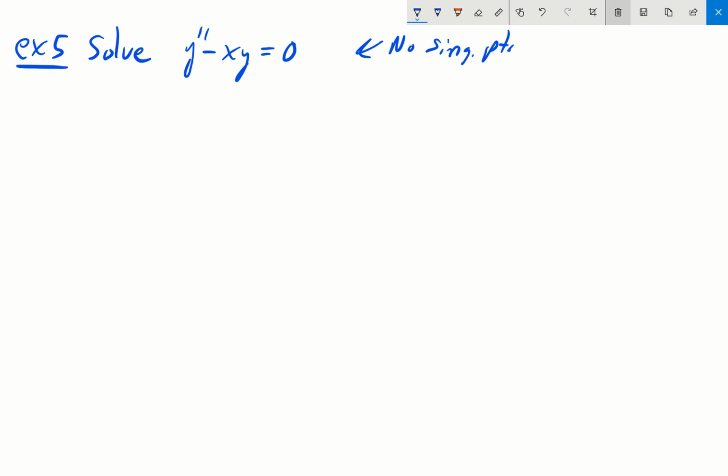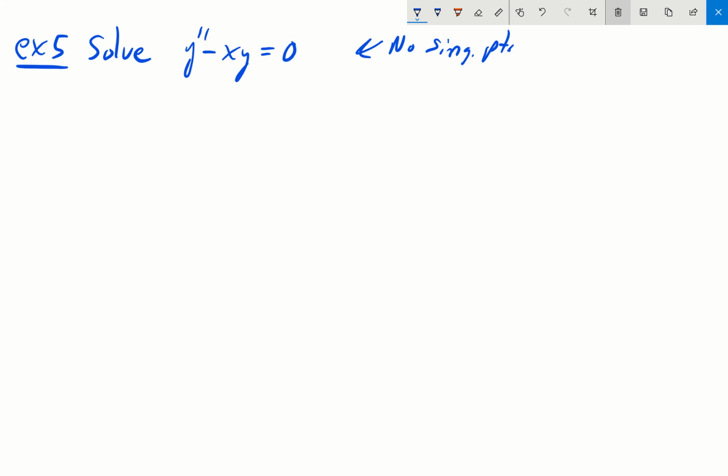It's already in standard form. The y prime term is missing, so there's no p of x, so p of x is 0. That's a constant polynomial. And the coefficient for q is x, that's a polynomial. And we know that those functions are analytic everywhere. Therefore, every point would be an ordinary point of this differential equation.